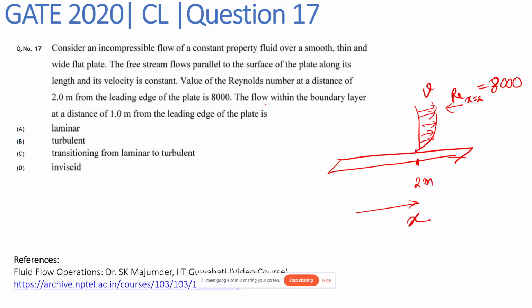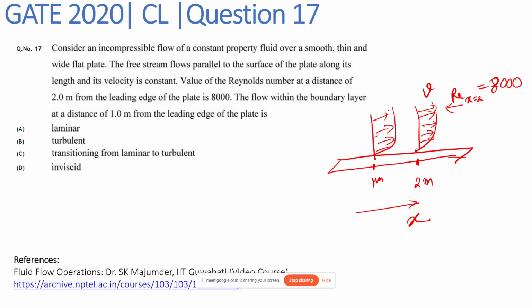And then in the question, we have been asked to find the flow within the boundary layer at a distance of 1 meter from the leading edge of the plate. So if this is 1 meter, and the flow is given by such a profile, then what kind of flow is this?